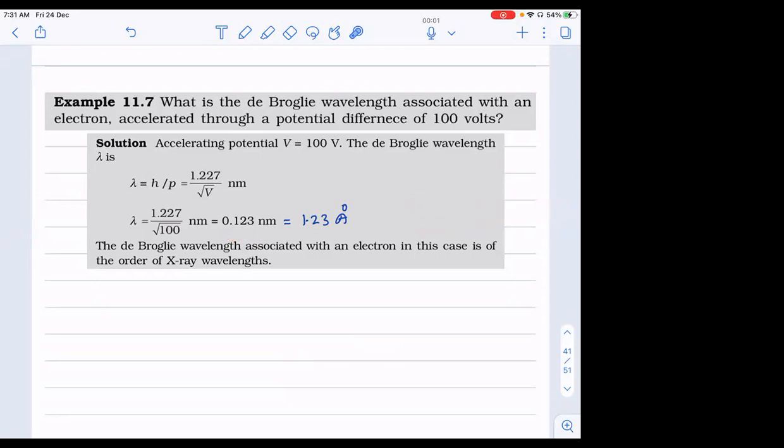Therefore, electron microscopes have very large resolving power. Resolving power deals with the clear image. Magnifying power deals with the bigger image. Got it?